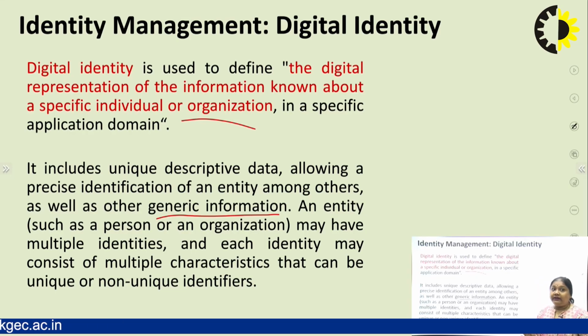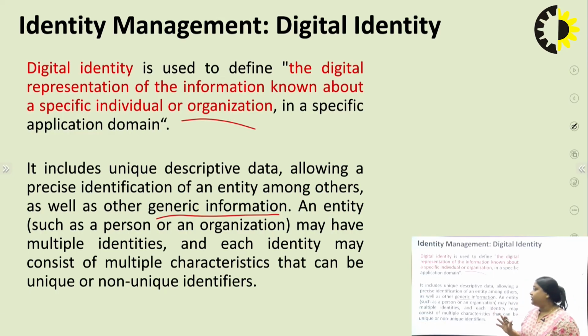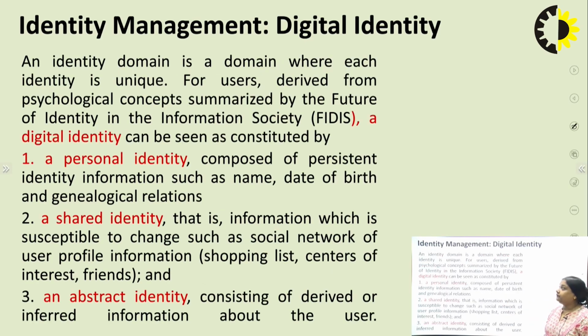An entity, that is maybe a person or an organization, may have multiple identities, and each identity may consist of multiple characteristics that can be unique or non-unique. An identity domain is a domain where each identity is unique.